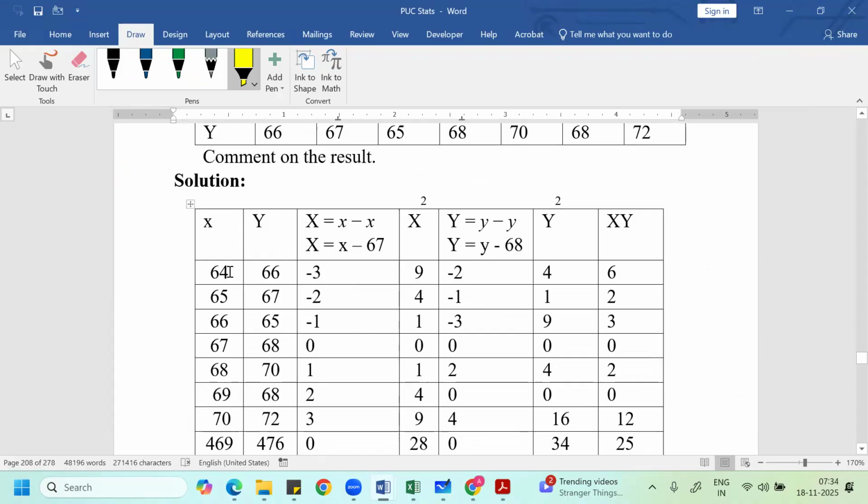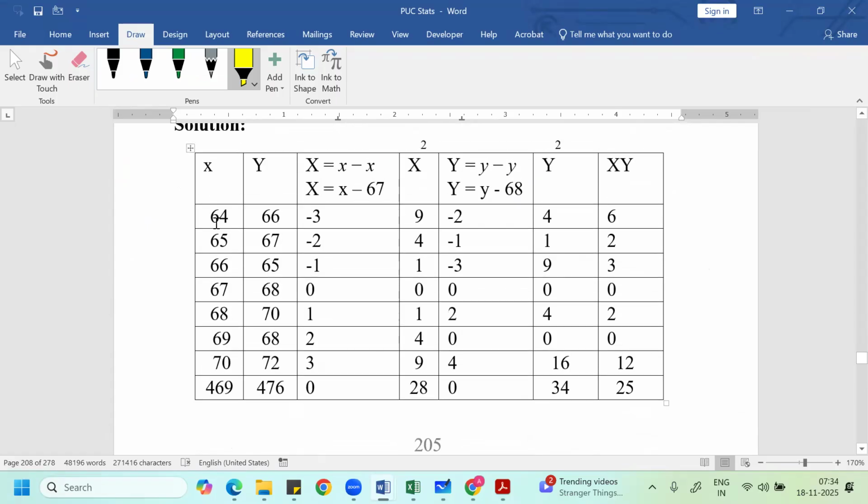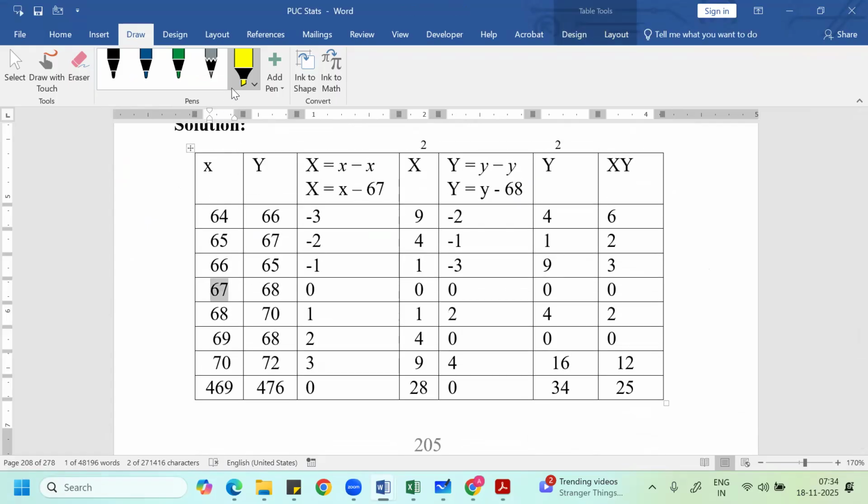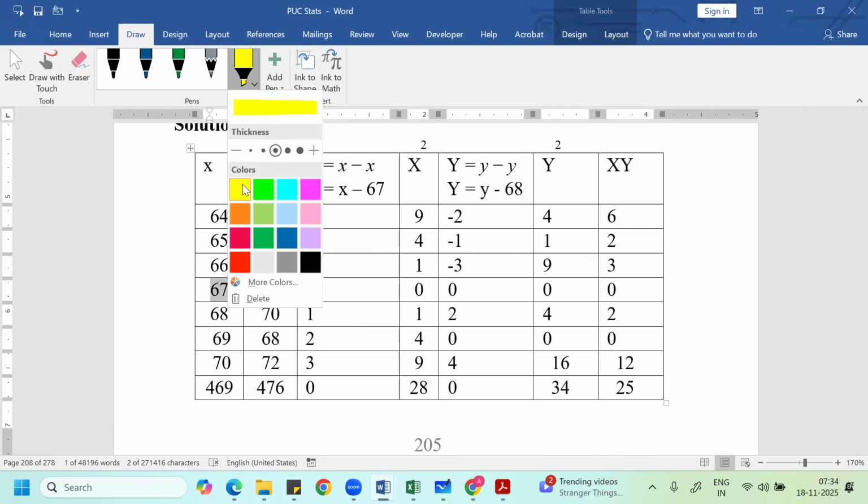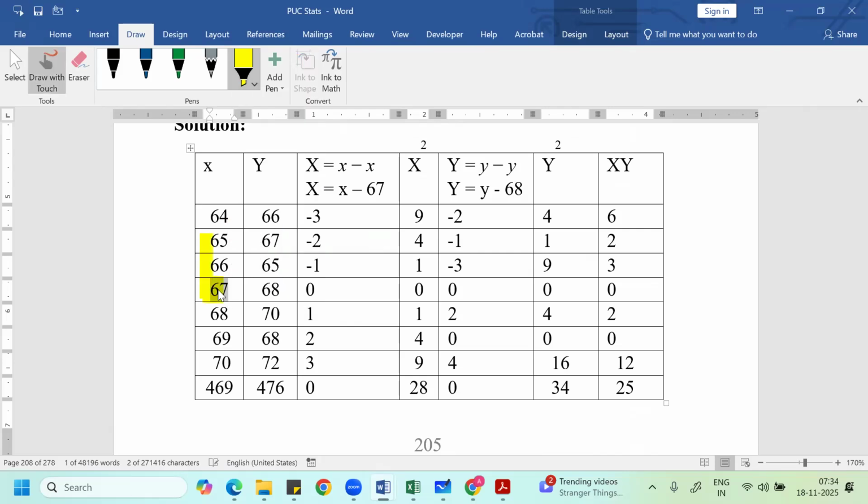So out of these values of x, I can choose any value, maybe 67, and subtract it from all these values of x. I write that as capital X, which is equal to the small x minus 67. Similarly, all values of y I subtracted from 68.